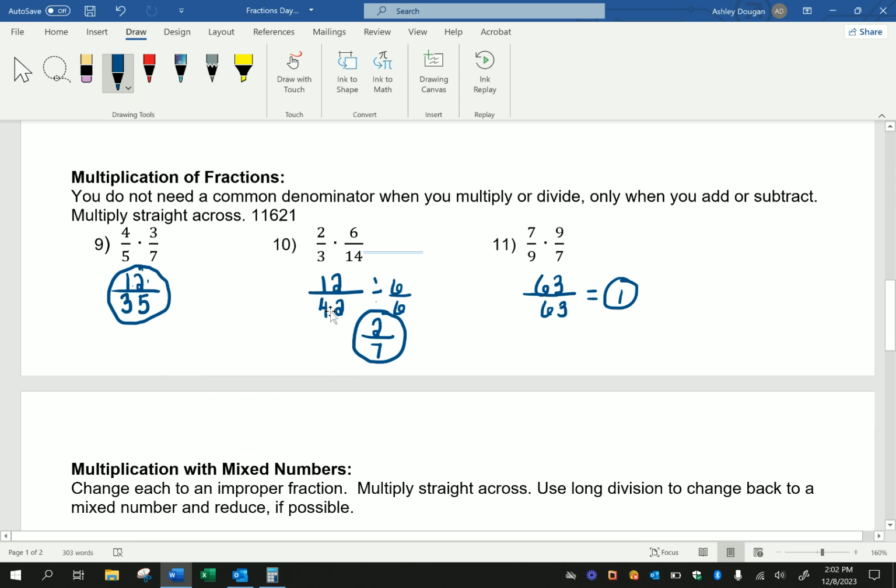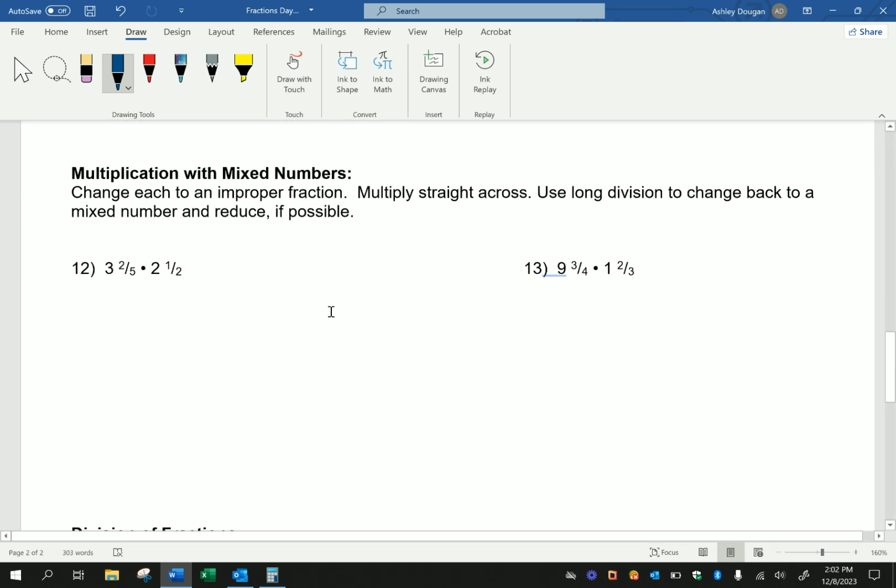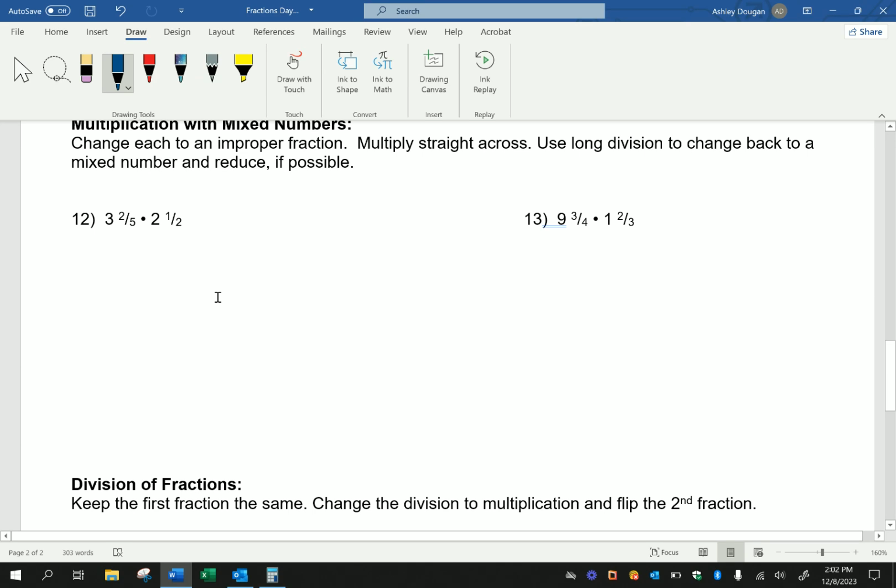This is multiplication of fractions. Now we're going to look at multiplication with mixed numbers. In this first one, we have 3 2/5 times 2 1/2. And what we want to do first, anytime that we're working with mixed numbers, is change them back into improper fractions. That's going to be our first step with all of these mixed numbers. So we would take our 3 2/5 and change it to a fraction. 5 times 3 is 15, plus 2 is 17.